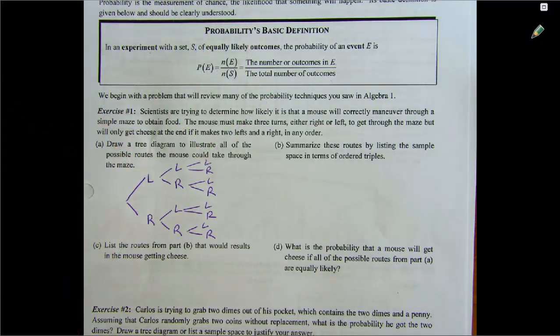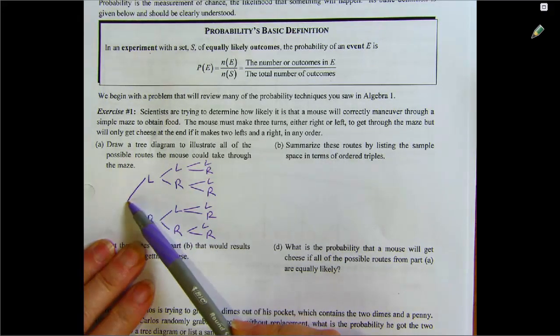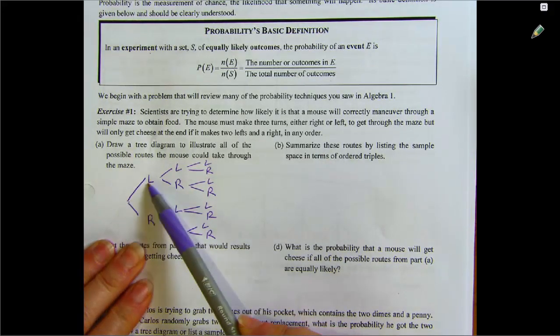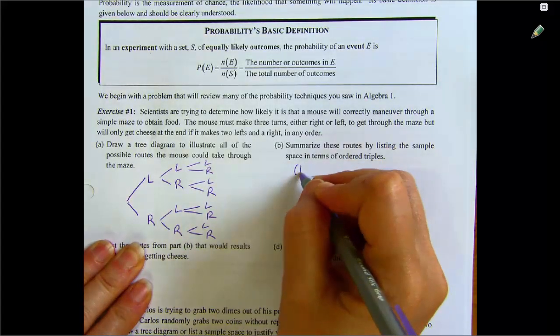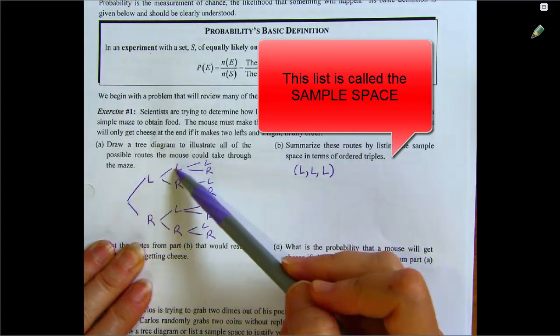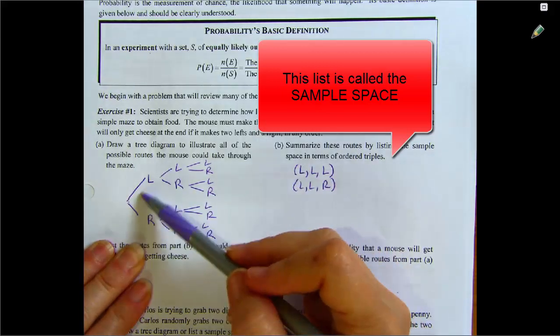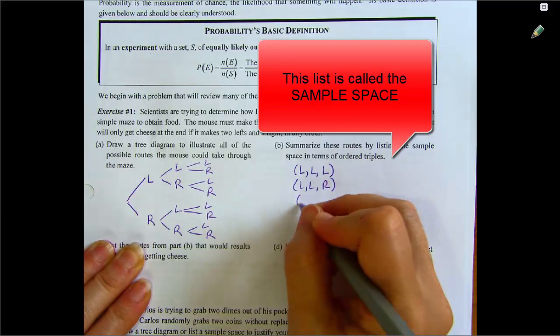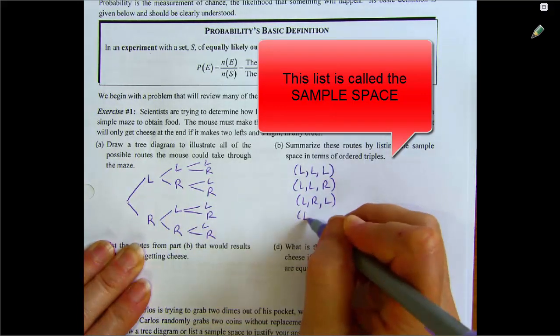Part B says, summarize these routes by listing the sample space in terms of ordered triples. So they want you to use parentheses to show the order, and all you're going to do is read the branches in your tree. So the first possibility was left, left, left. The second possibility was left, left, right. And you continue down your tree: left, right, left, left, right, right.